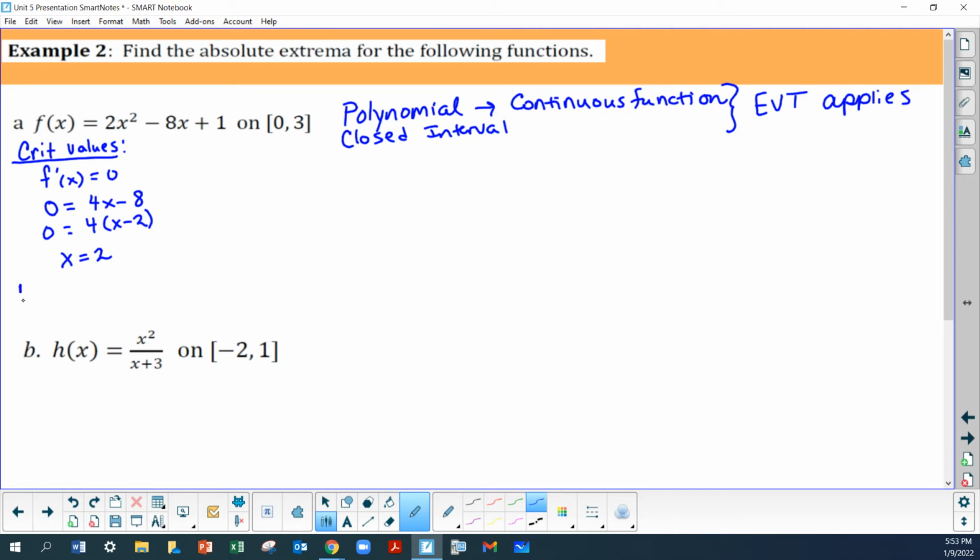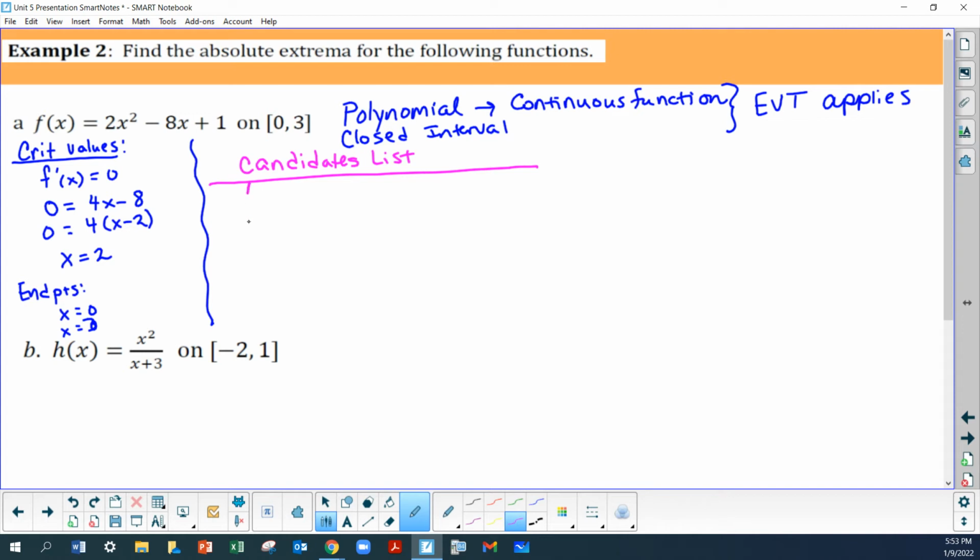I also have endpoints because we're on a closed interval. I have endpoints of x equals 0 and x equals 3. Oops, that's a 3. Now we're going to create our candidates list. Why is it called this? Because it's all the possible candidates. I'm going to make a table out of this.